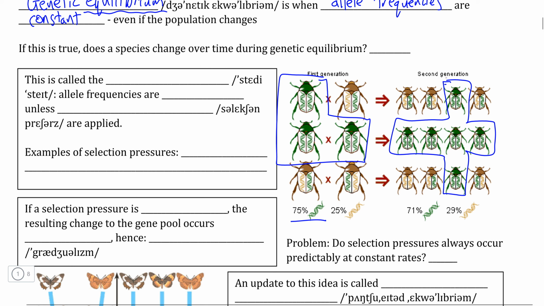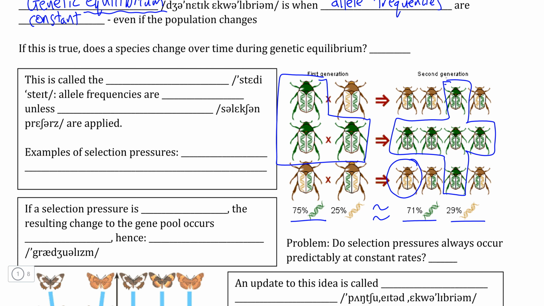The only thing that is different is that we now have a homozygous yellow beetle here, which throws off the 50% split from being exact, but the allele frequency itself at the genetic level remains almost identical between the offspring generation and the parent generation.